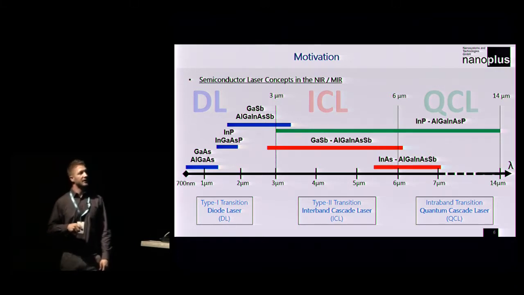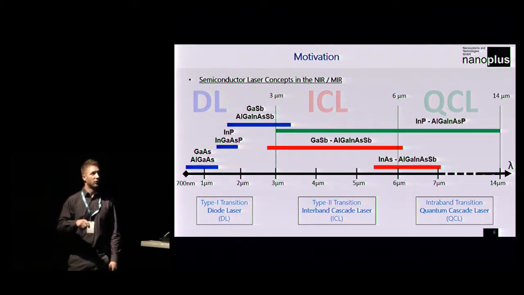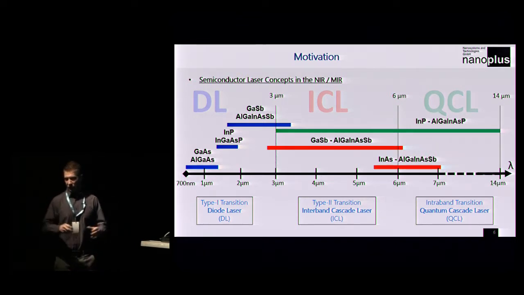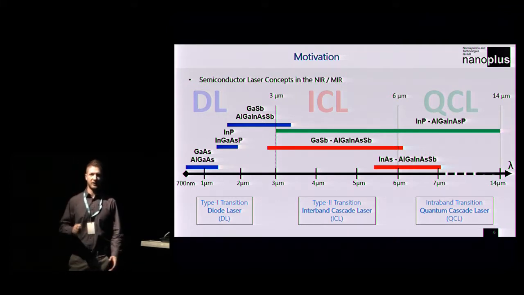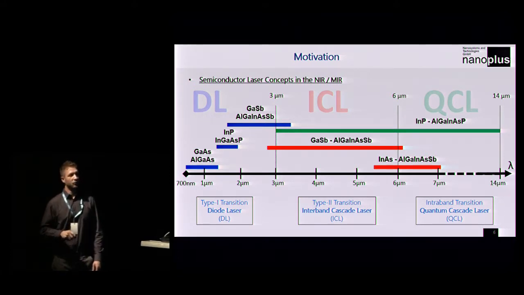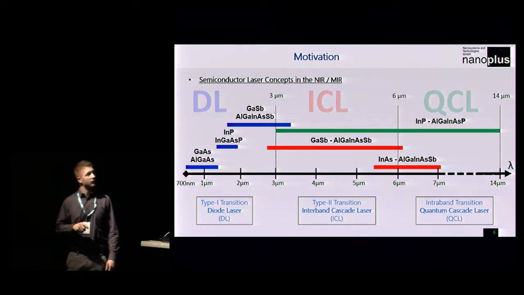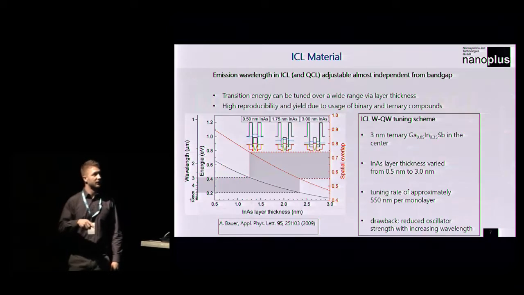And this is where the ICL comes into the game. I want to focus on the ICLs based on the gallium antimonide substrate, which don't need to use such a lot of cascades and can be operated typically in a 3 to 4 or up to 5 volt range, with currents that are rather in the range of typical diode lasers.